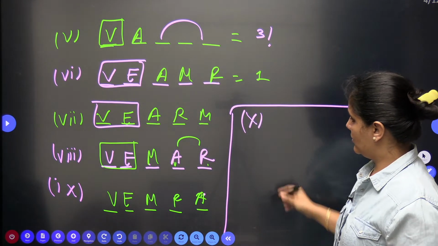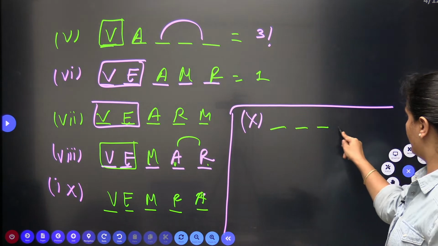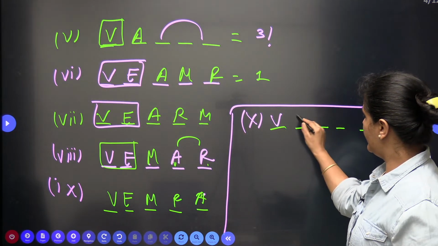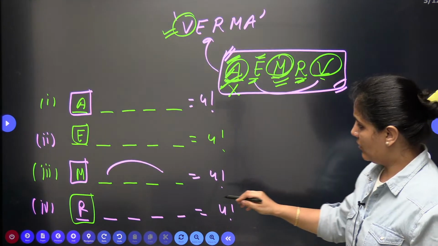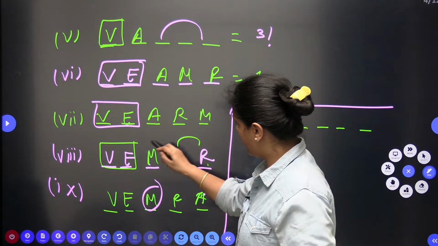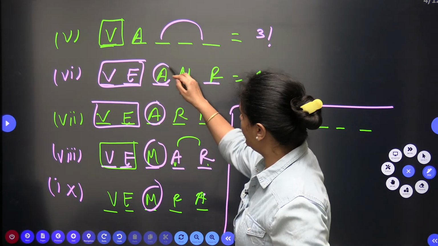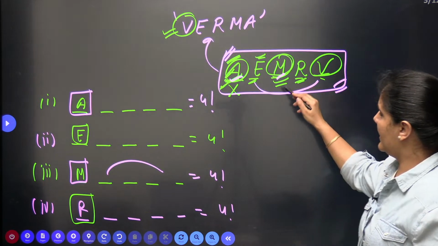So when I go with the next one, 1, 2, 3, 4 and 5, VE is there. Now the third position, M is already done, A is already done. So M done, A done.